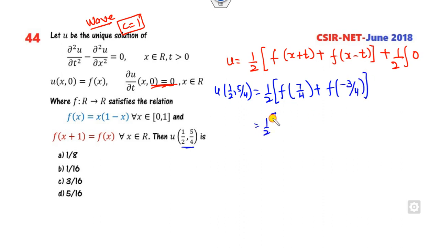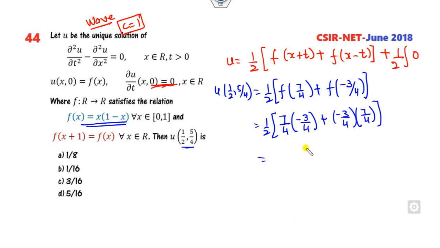Then what is the f of x? This is a pair. So 7 by 4, 1 minus 7 by 4 is minus 3 by 4. 1 minus x is 7 by 4. So it's 21 by 16, minus 21 by 16 of 1 by 2. So it is minus 21 over 32, so 42 over here. Why is there a minus sign?